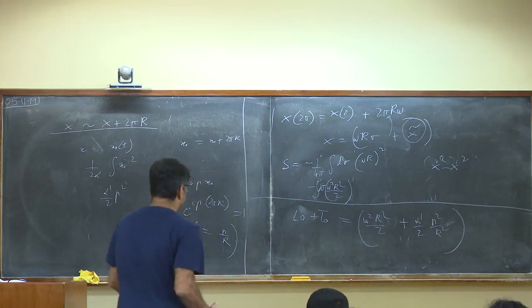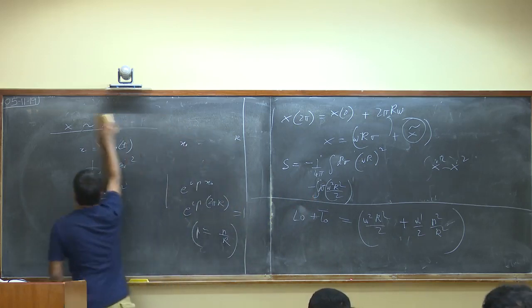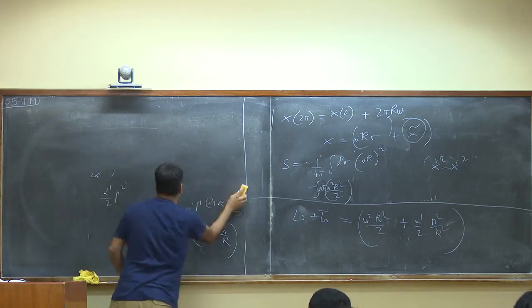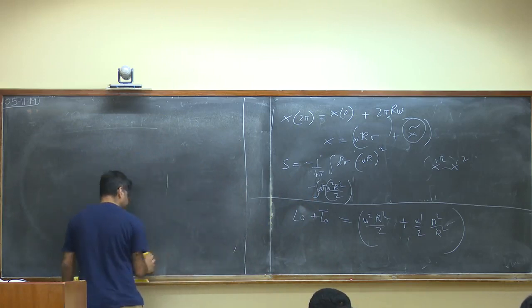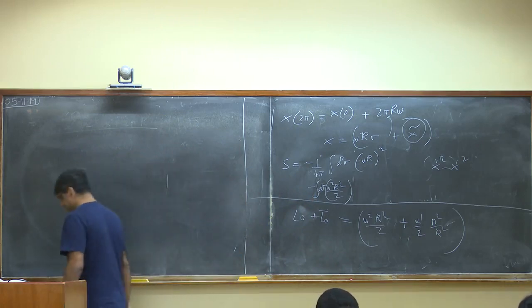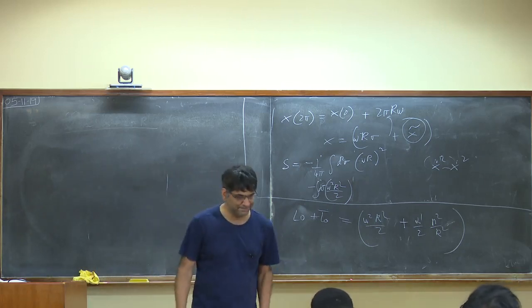Now we're going to come back and analyze this a little more systematically. So let us look at the solutions. Oscillators are untouched, so I'm not even ever going to write them.